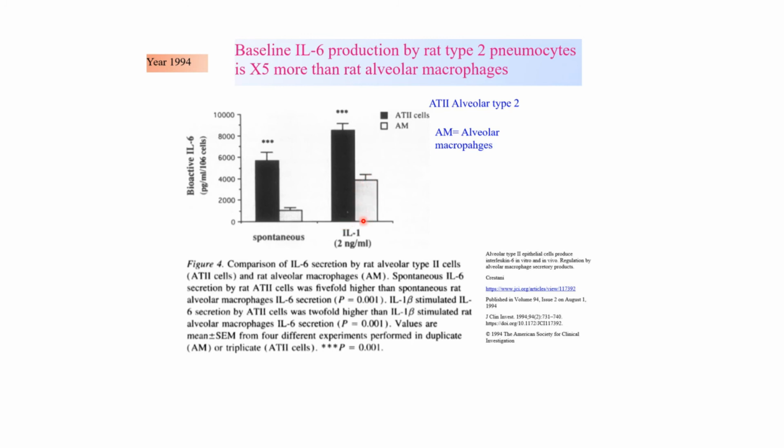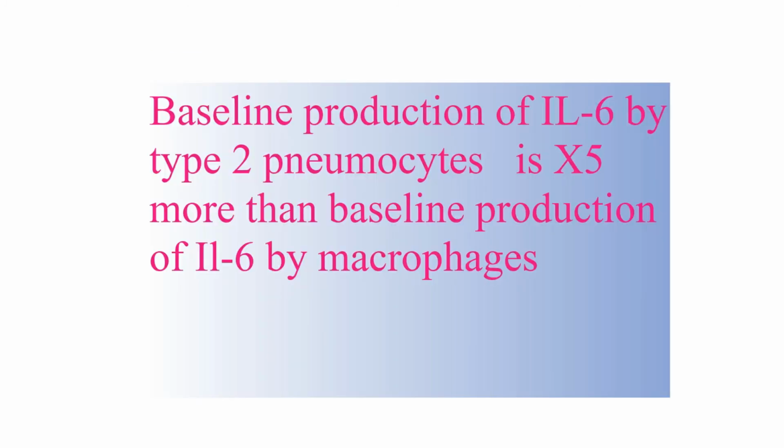Macrophages produce more, but nowhere near as much as pneumocyte type 2. Let's read that again, because that's quite a dramatic finding from an archaeological look into history. Baseline production of IL-6 by type 2 pneumocytes is 5 times more than baseline production of IL-6 by macrophages.